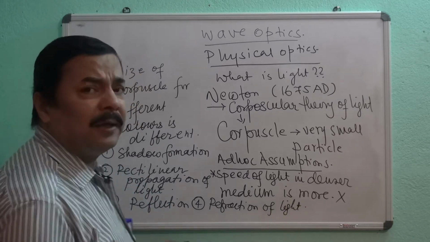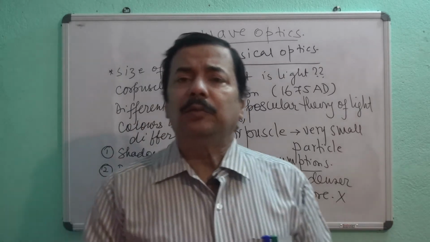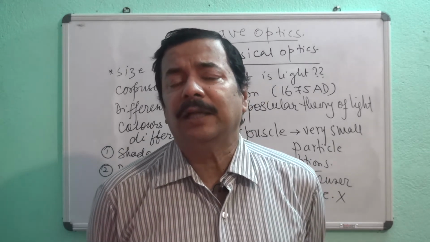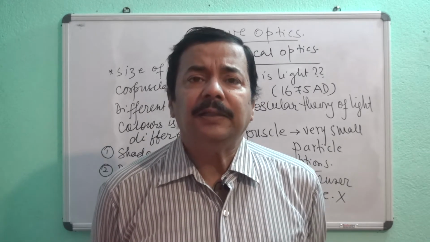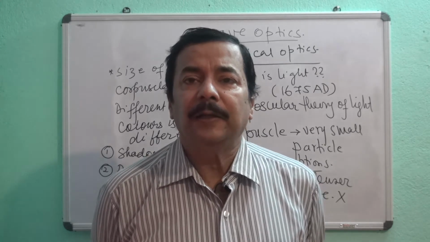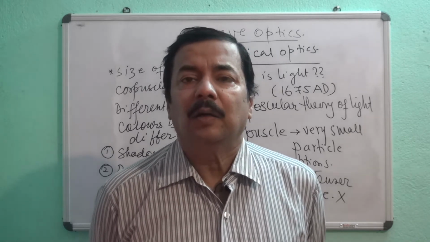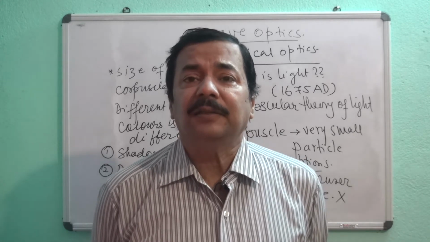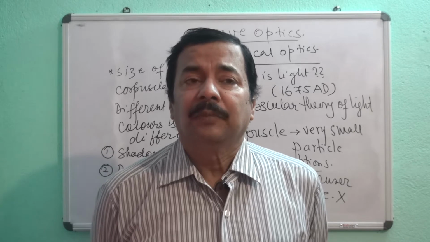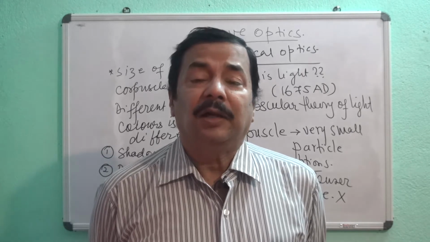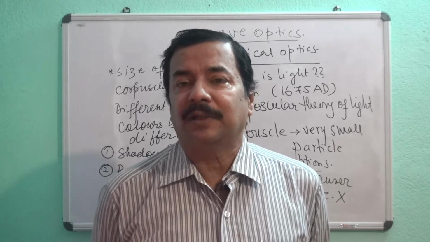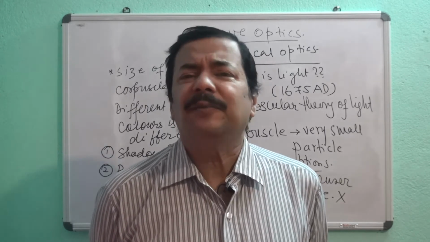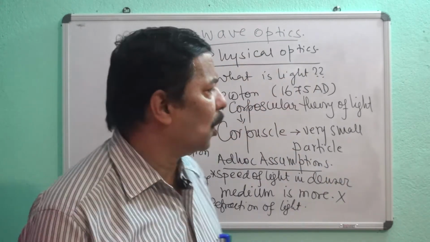While explaining reflection, Newton assumed that the reflecting surface basically repels the corpuscles. And while explaining refraction, he explained that the denser medium attracts the corpuscles, on account of which the speed of light in a denser medium increases. These were ad hoc assumptions and later on proved wrong.